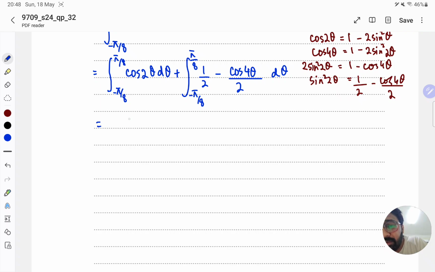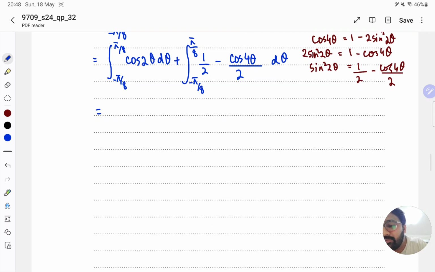The integration of cos 2 theta will become sine 2 theta divided by the differentiation of the angle, which is 2, with the limits pi by 8 to minus pi by 8. Then 1 by 2 will become 1 by 2 theta, minus 1 by 2 as it is.